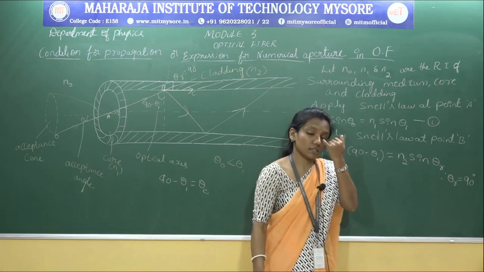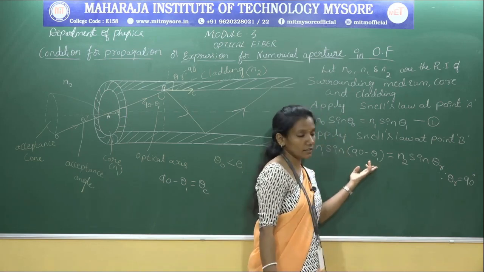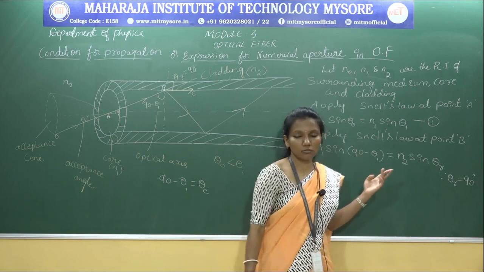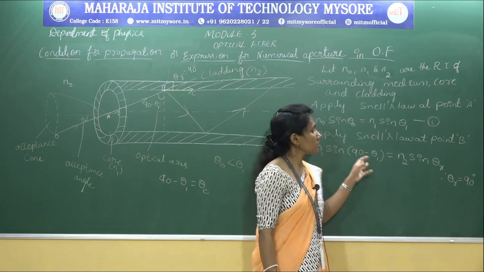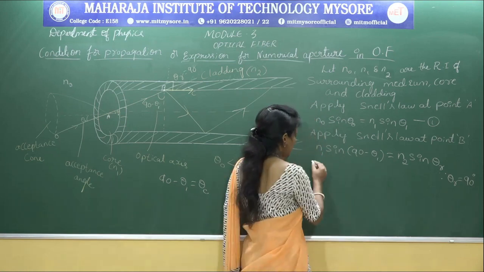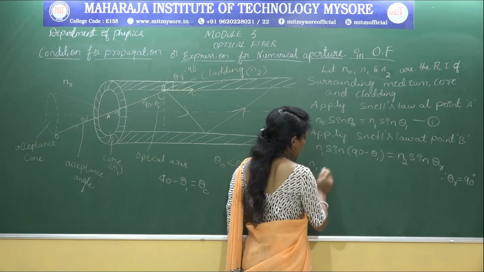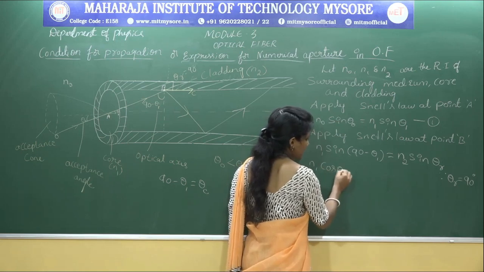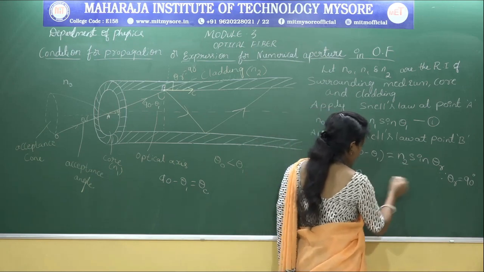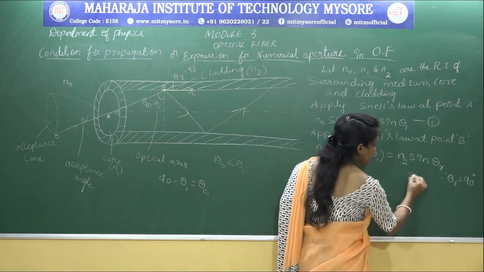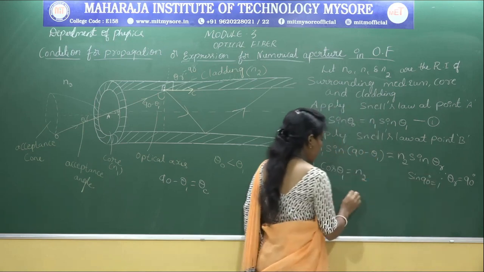We know that sin of 90 minus theta 1 is cos theta 1, so we get n1 cos theta 1 equals n2 sin theta r, with theta r equal to 90 degrees. Since sin 90 degrees equals 1, we get n2.